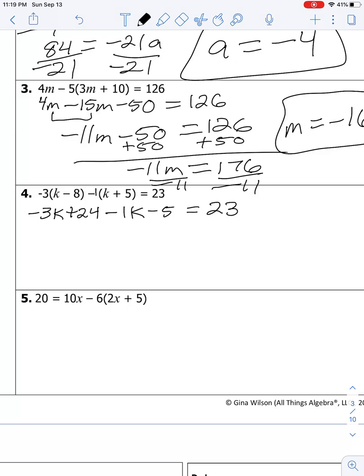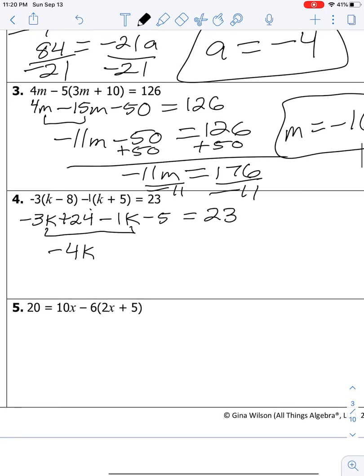Obviously we've got k's that can combine. So negative 3k minus 1k is negative 4k. Then we can also combine this right here. We've got 24 minus 5, which is 19.